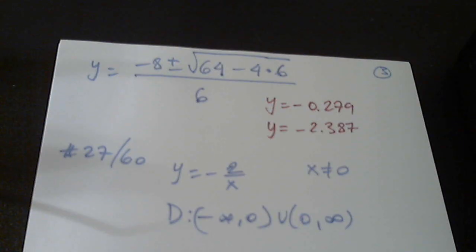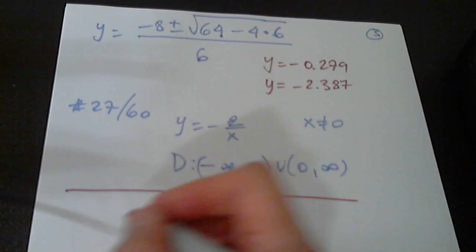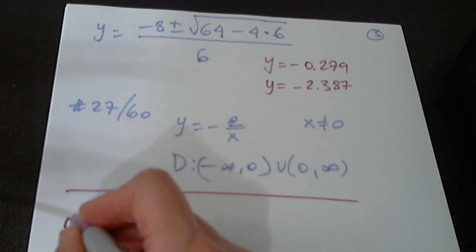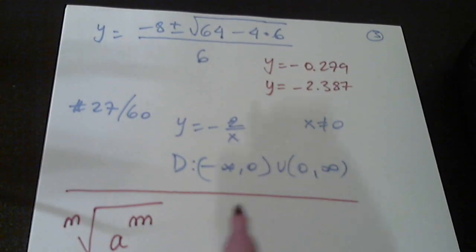Now, I would like to review a little bit of these exponential rules. We have a long list, but what this is all about is basically fractional exponents, which are slightly more difficult than everything else. We have to remember that the nth, my n has 2 bubbles, my m has 3 bubbles.